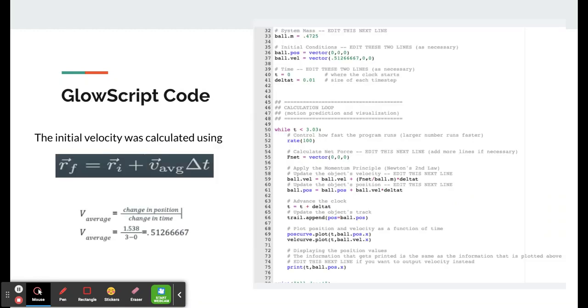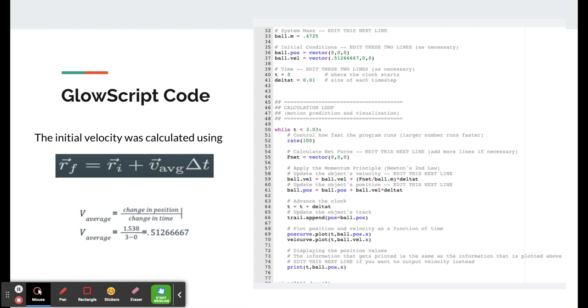The initial velocity was calculated using the following: the final position is equal to the initial position plus the average velocity times the change in time, which eventually results in the average velocity being equal to the change in position over the change in time, resulting in the velocity that is used in our computational data. Here in our computational data, we changed the velocity to be the one that we found earlier, and we changed the time to be the time of the video and the tracker, which is 3.03 seconds.